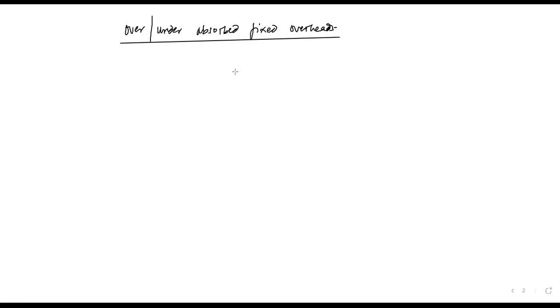And still, this may also be as a result of production budgeted being different from what we had planned. So there is likely to be over or under absorption. Let us try to see how we can come up with this.